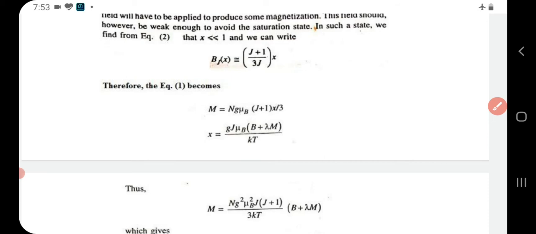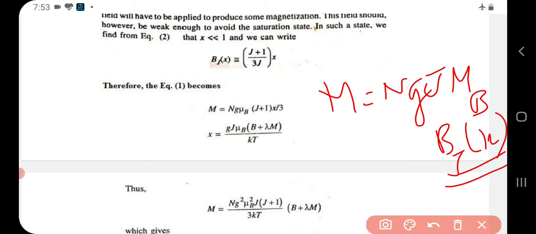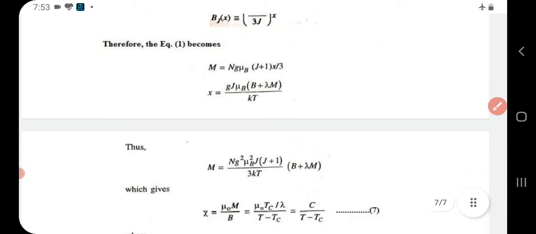First you have the equation M is equal to N g J mu B BJ(x), right? Under this condition BJ(x) has this value, so you just substitute it in equation 1. You have already written an expression for x like this before. Substitute this value of x here, then your M will be reduced to this. Hope it is clear.